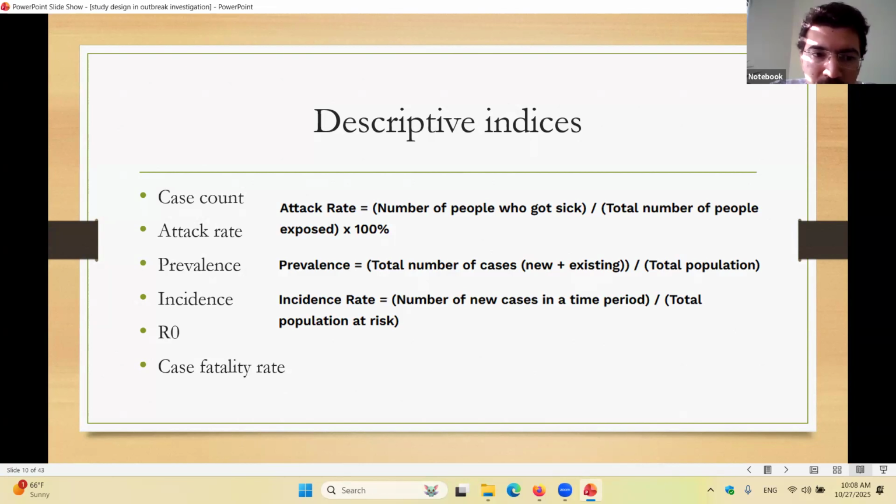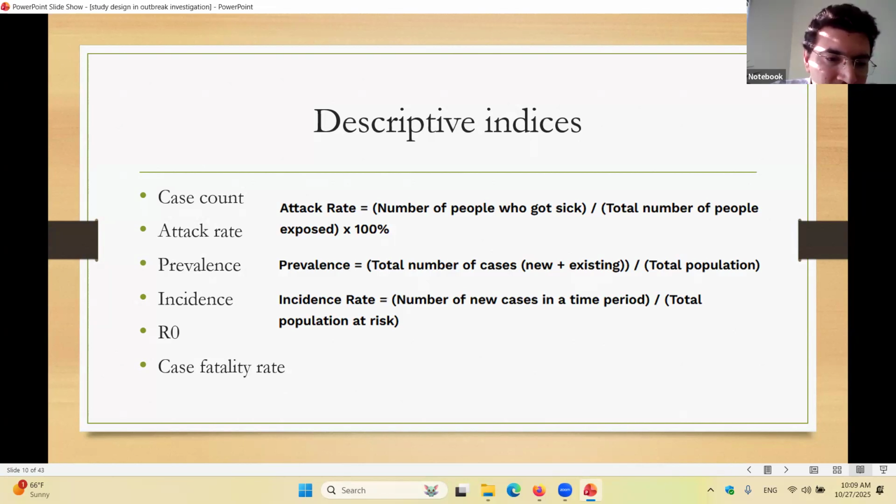And when R0 is more than 1, it means that the outbreak is forming, and we will have an outbreak in the future. Of course, there is also Rn. We have the primary basic reproduction number and the secondary reproduction number.